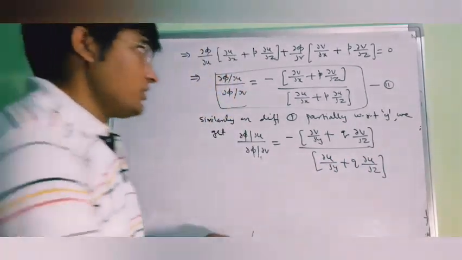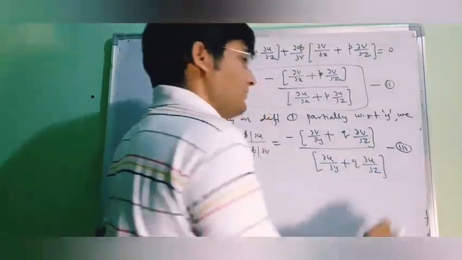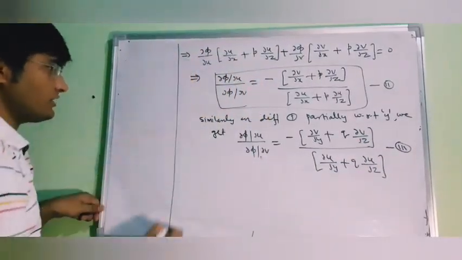Now as you can see, equation number 2 and 3 have the same left hand side, so their right hand sides will be equal to each other.